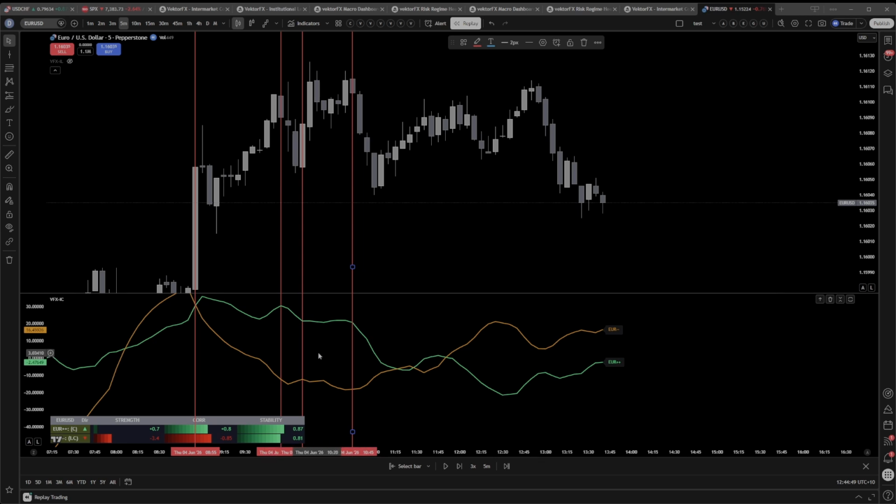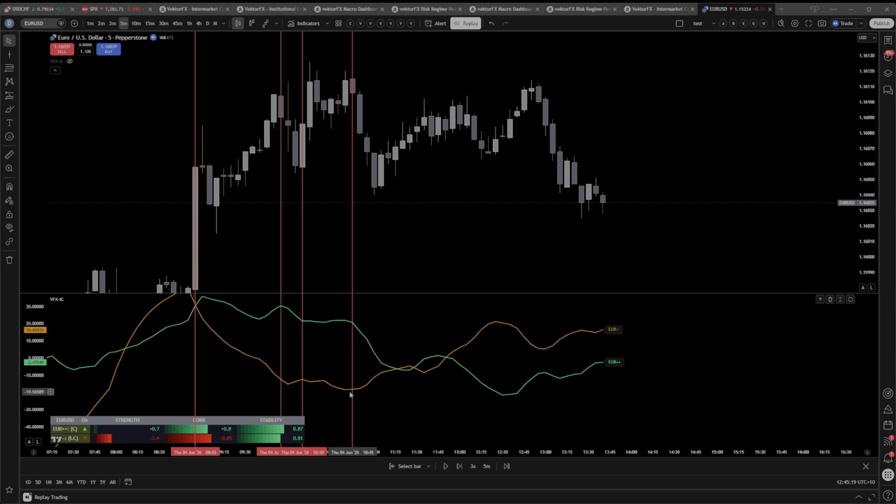And what you'll see is when the correlated and inversely correlated baskets run parallel, you'll get price ranging. Why? Because one isn't necessarily stronger than the other. The euro and the US dollar are pretty well level pegging. Imagine a tug of war with a red ribbon in the middle. They're both pulling as hard as the other, so price doesn't really do anything. Until this point here.